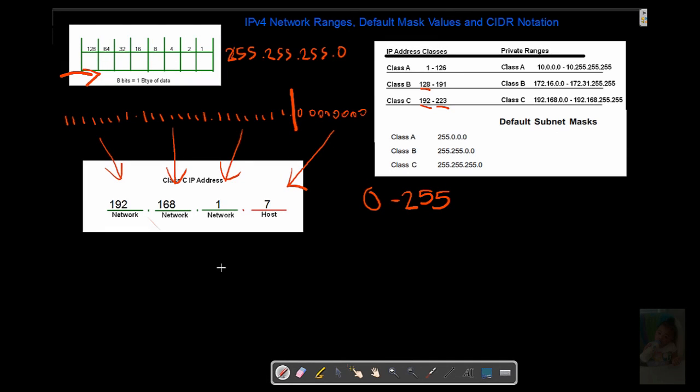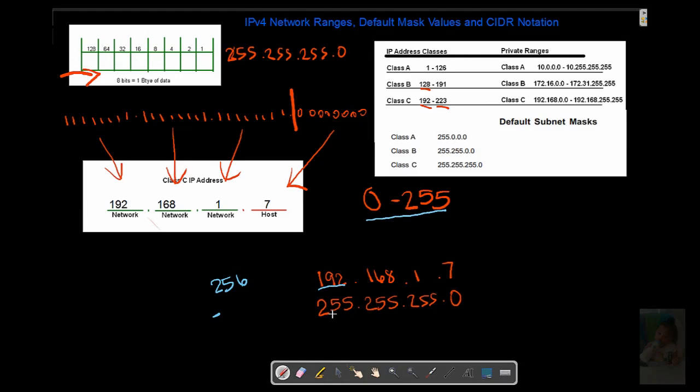As an example, if we have a mask value of 255.255.255.0, corresponding back to my IP address of 192.168.1.7, this octet can have a value anywhere in this range, 256 potential numeric values.